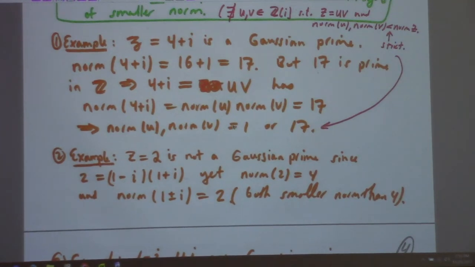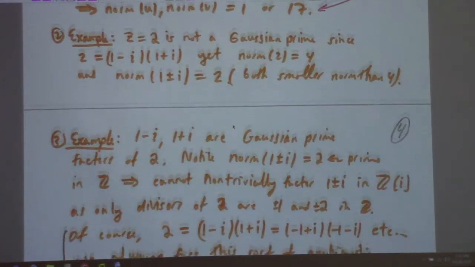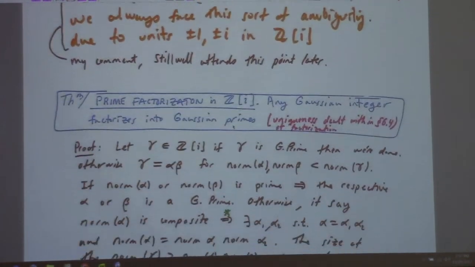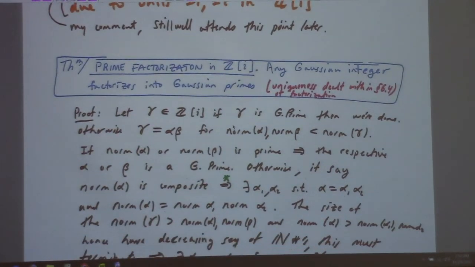All right? So what's prime depends on where you are, right? 2 is prime in the integers, but it's not prime in the Gaussian integers. It's kind of interesting. There's a prime factorization of Gaussian integers. Every Gaussian integer factors into Gaussian primes.